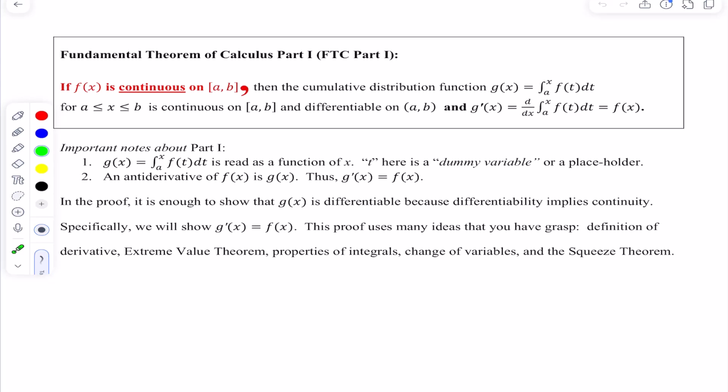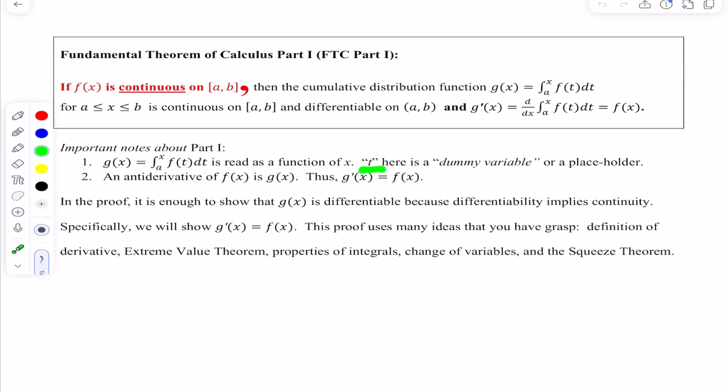This actually expresses an antiderivative of f of x in terms of an integral. Important notes about part 1. G of x is always read as a function of x. Note that the variable x is at the top of the elongated s, and it must be at the top.